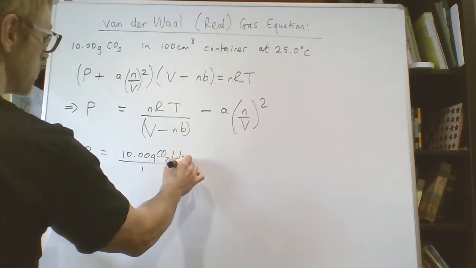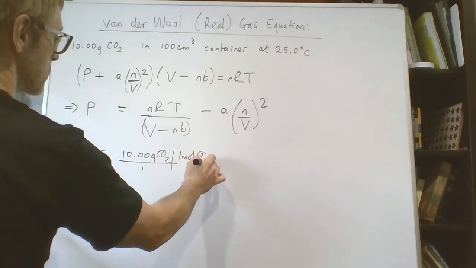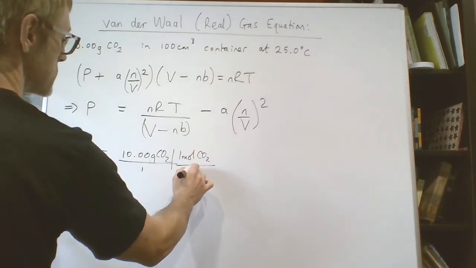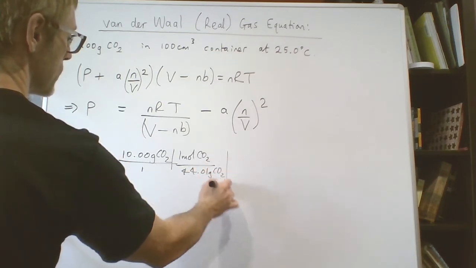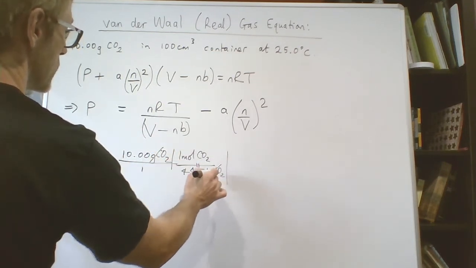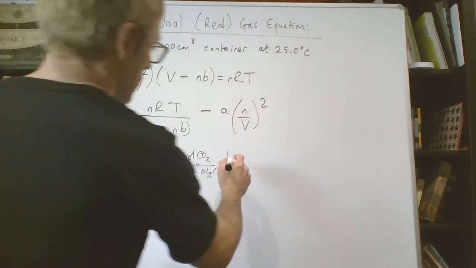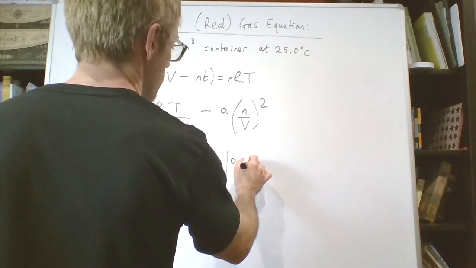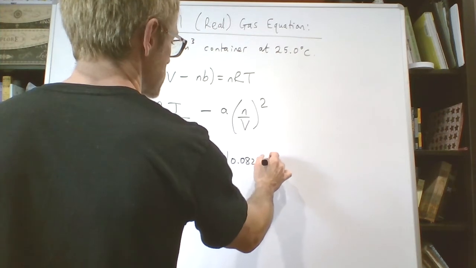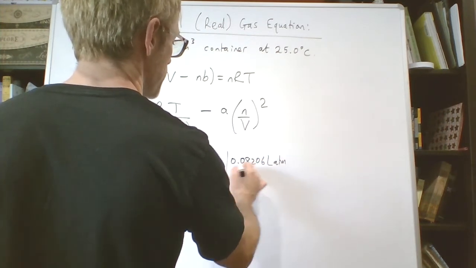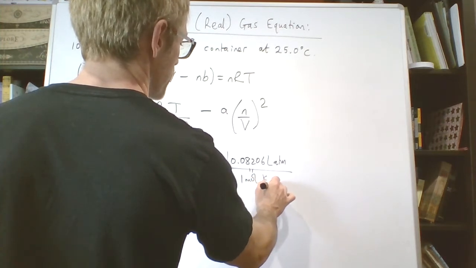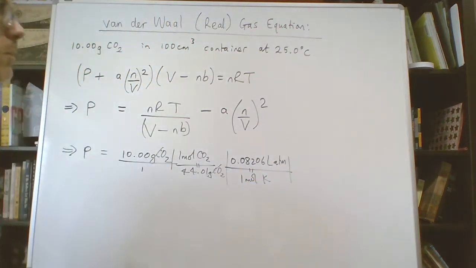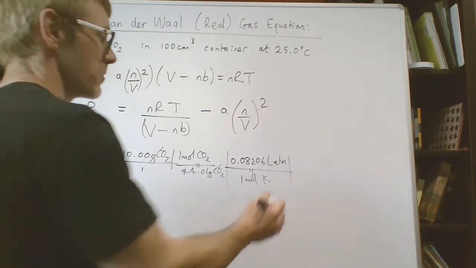I need mole, so by definition I know a mole of CO2 is the weight of CO2 in gram. There's my moles. My R is 0.08206 liter atmosphere per mole Kelvin. My temperature is 298 Kelvin.